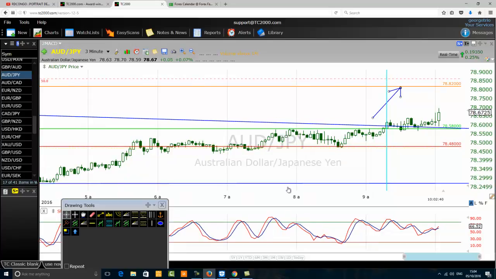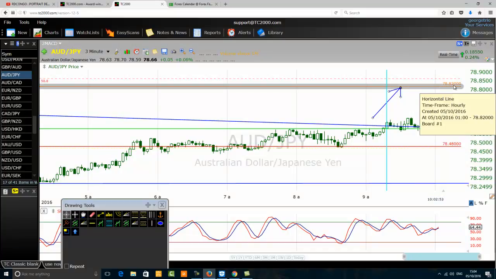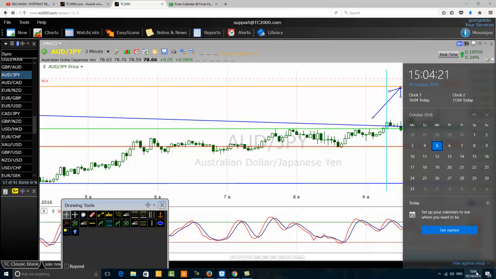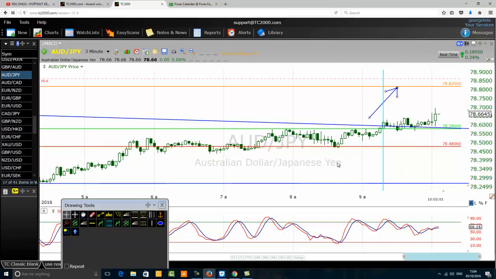So we just need to be a little bit patient. Our stop loss is here at 7848, entry at 7858, and now it's heading to our target at 7882. The time in London is now 4 minutes past 3 p.m. on the 5th of October 2016. A live recording. The Australian dollar, Japanese yen scalping trade.